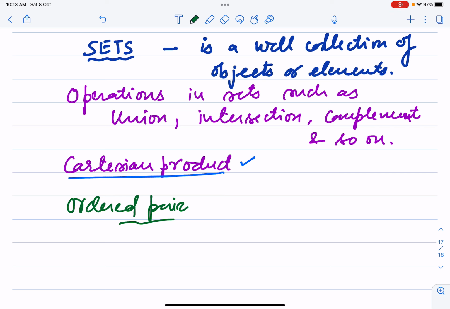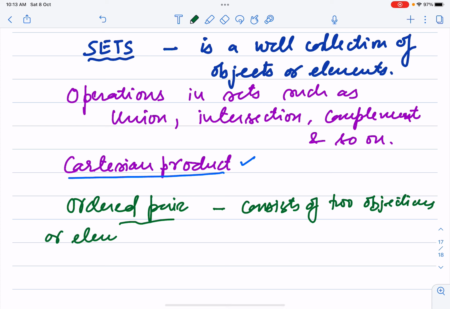Let me write this definition. An ordered pair consists of two objects or elements in a given fixed order.